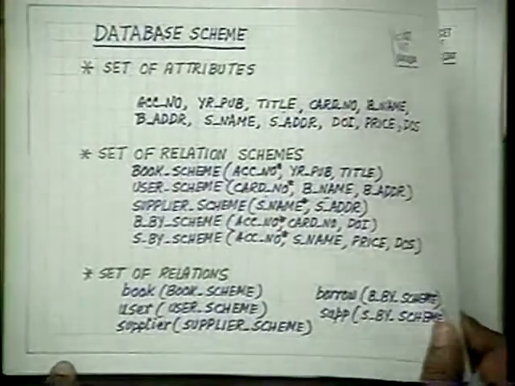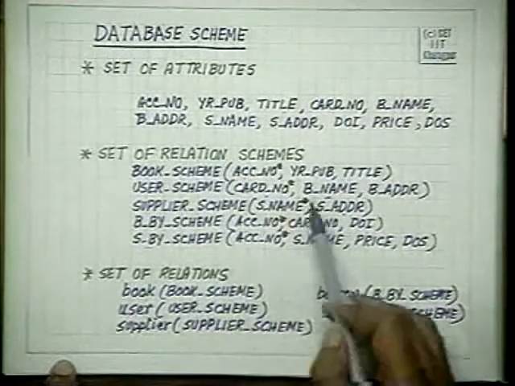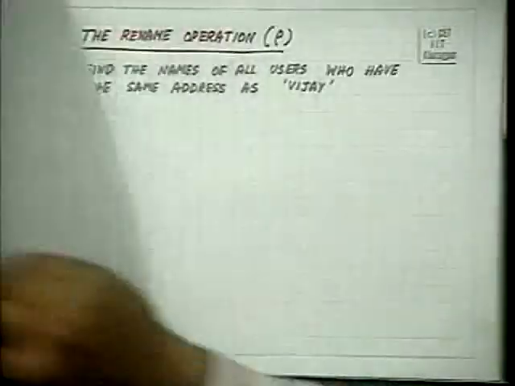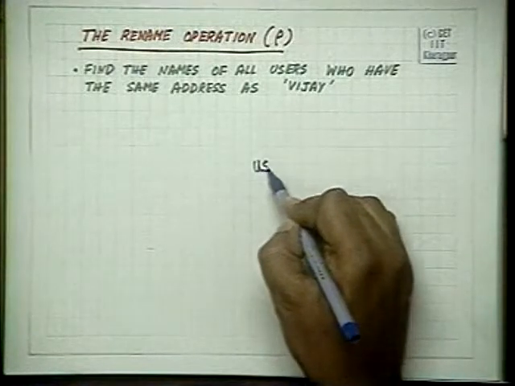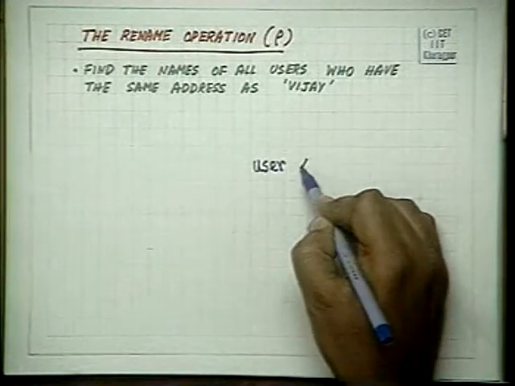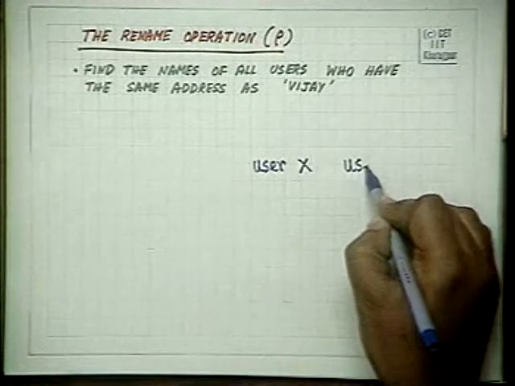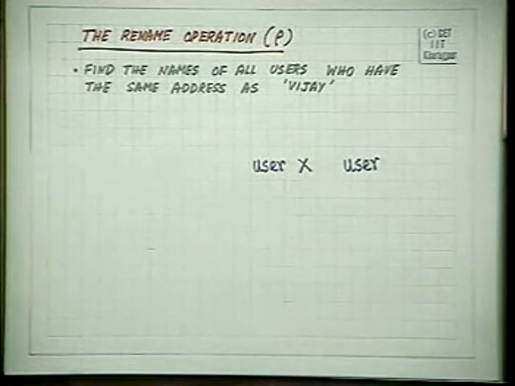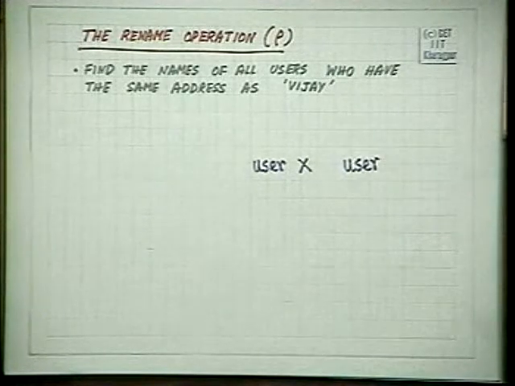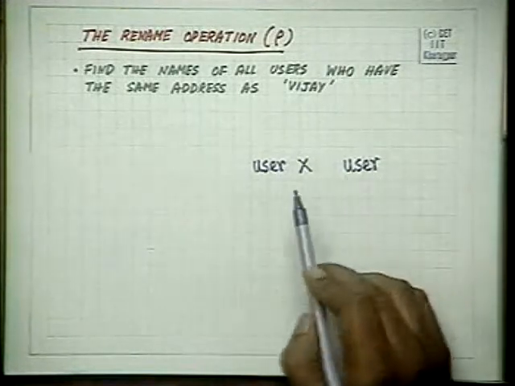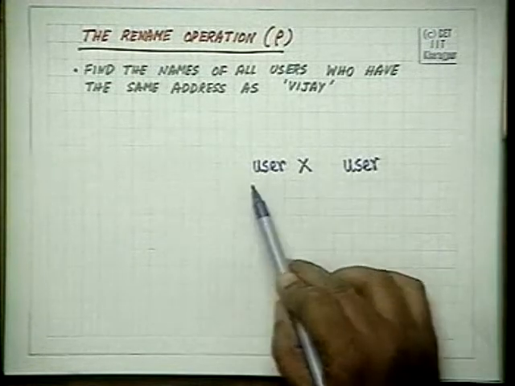So now, in order to do it for this particular relation, we will have to do a combination by Cartesian product of user and user.